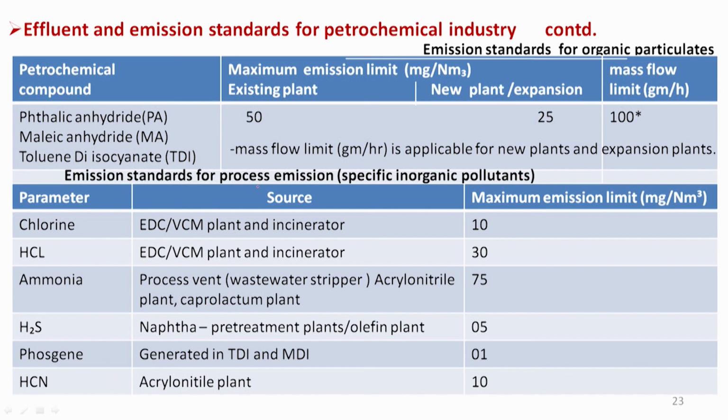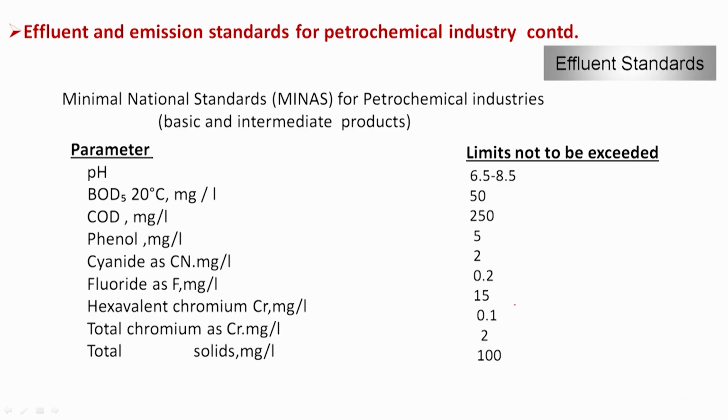This is the emission standard for process emissions, like chlorine, HCl, ammonia, H2S, phosgene, HCN. So, these are the different sources and these are the maximum emission limits, and this is the effluent standard for wastewater. pH is 6.5 to 8.5, BOD 50 mg per liter, COD 250 mg per liter, phenol 5 mg per liter, cyanide 2 mg per liter, fluoride 0.2 mg per liter, hexavalent chromium 15.